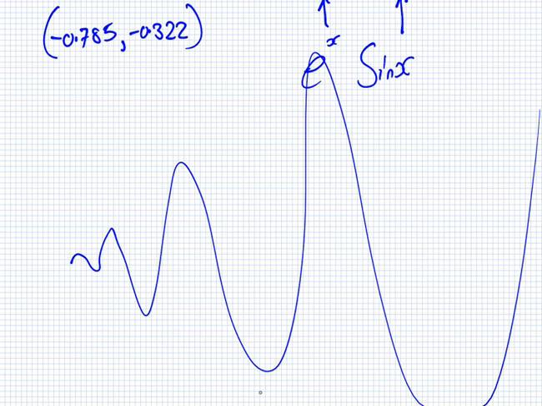To find the y would be equal to e^(minus pi over 4) sine of minus pi over 4, which would be minus 1 over root 2 times e^(minus pi over 4). So the answer is minus pi over 4 and minus 1 over root 2 e to the minus pi over 4. That would be the exact answer.